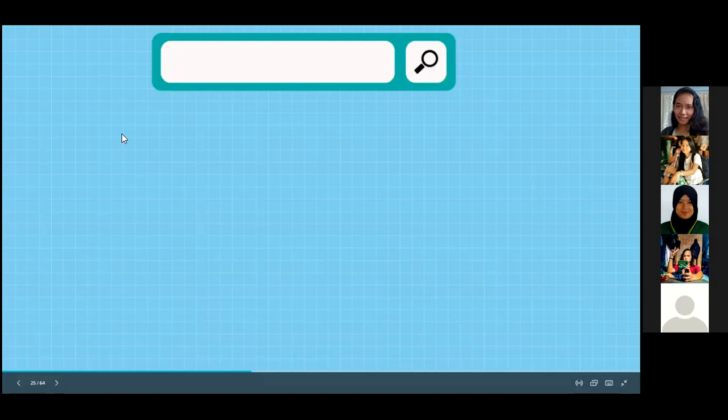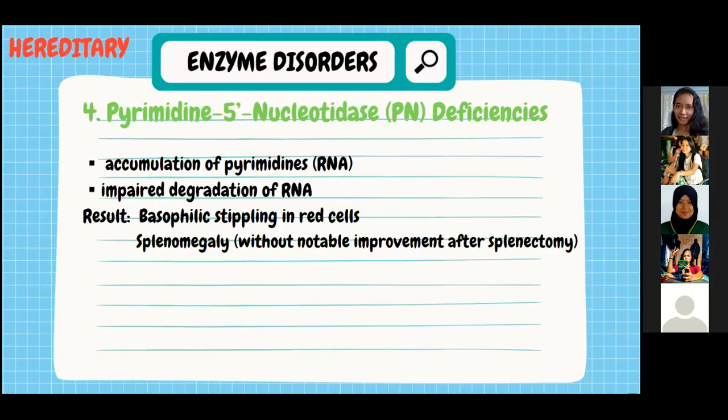So there is accumulation of pyrimidines, meaning mapile up ang ating RNA. So since they are deficient and they cannot degrade RNA, it will result in basophilic stippling.